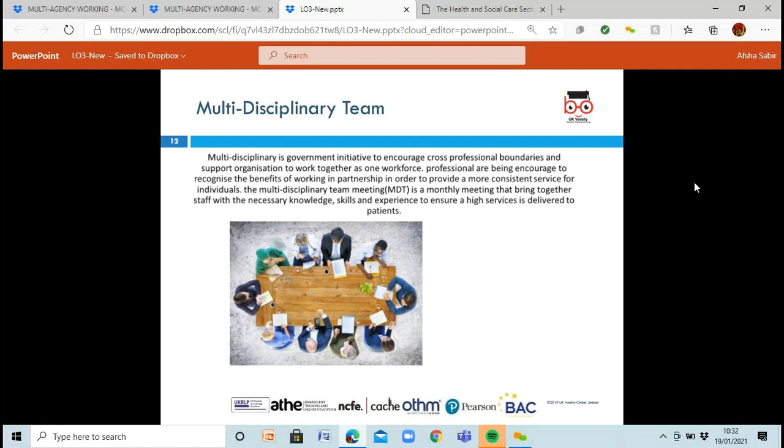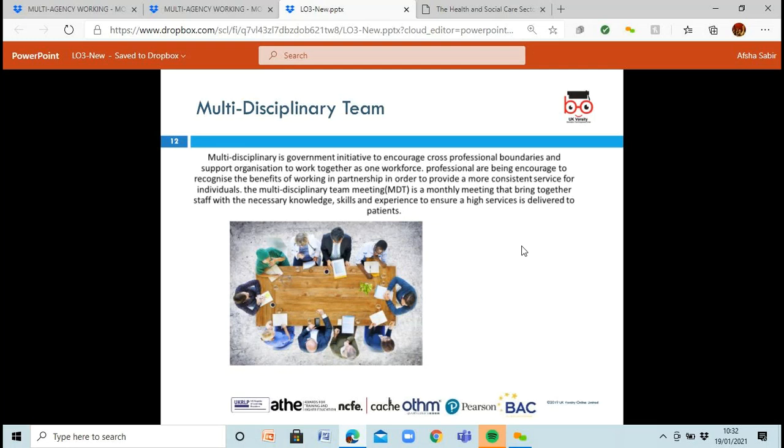And then we've just got a little thing about what multidisciplinary teams are. So I'm just going to read through here and give you the succinct answer of what multidisciplinary teams actually do. A multidisciplinary team is a government initiative to encourage cross-professional boundaries and support organizations to work together as one workforce.